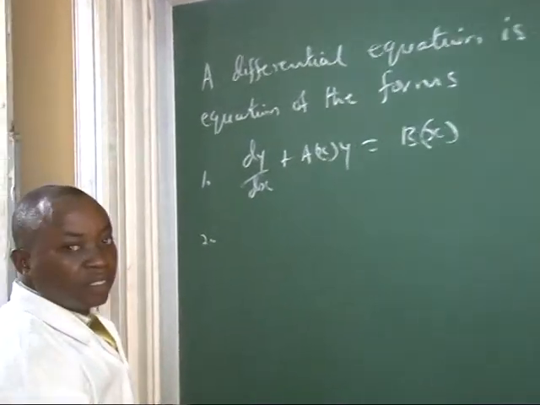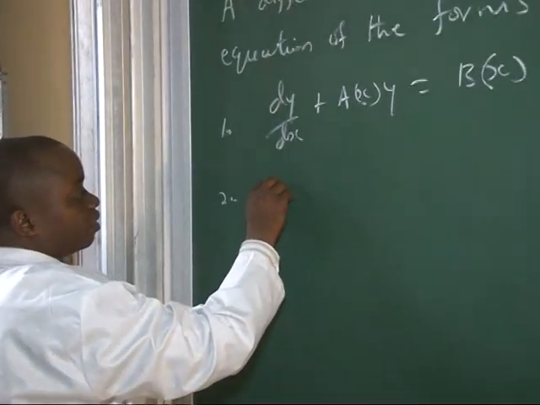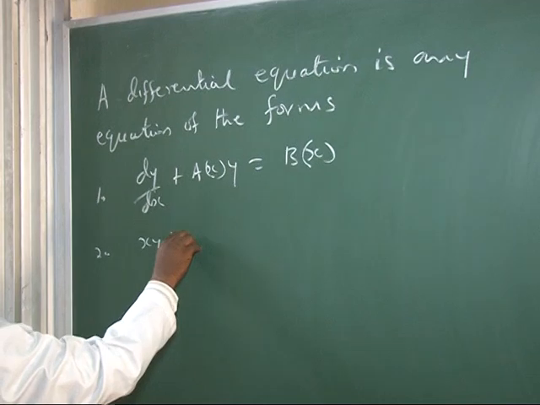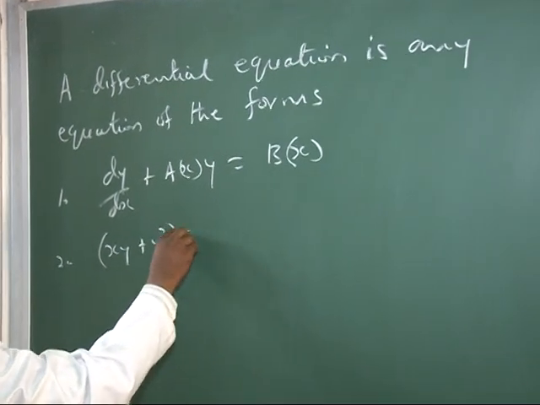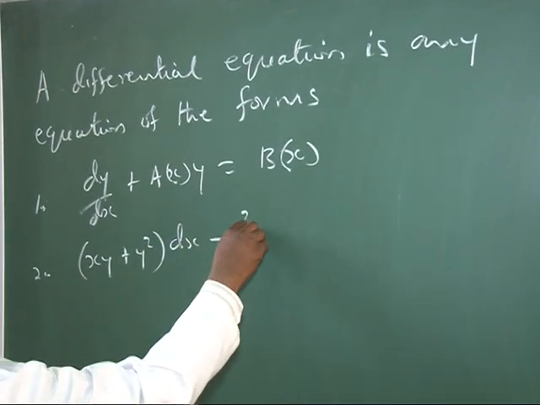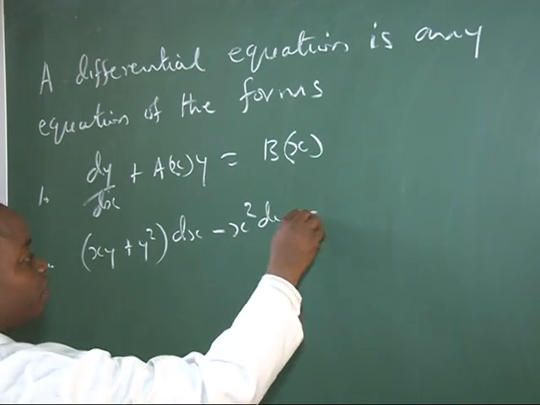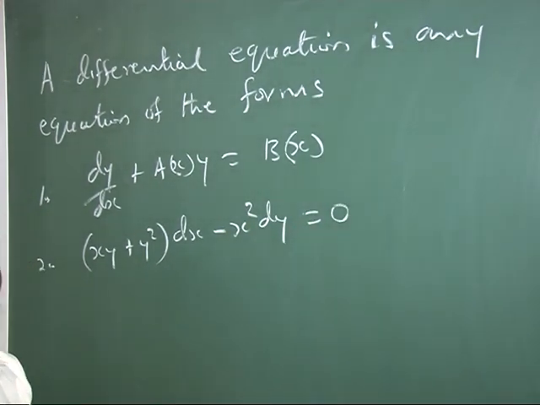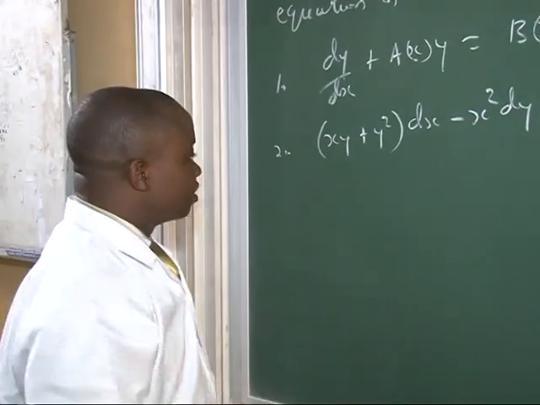Can also be in this form: (xy plus y squared)dx minus x squared dy is equal to 0. It's also a differential equation.